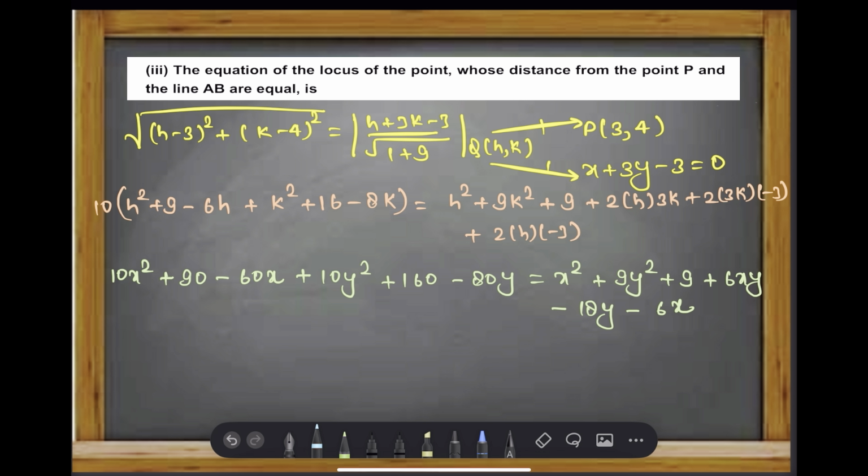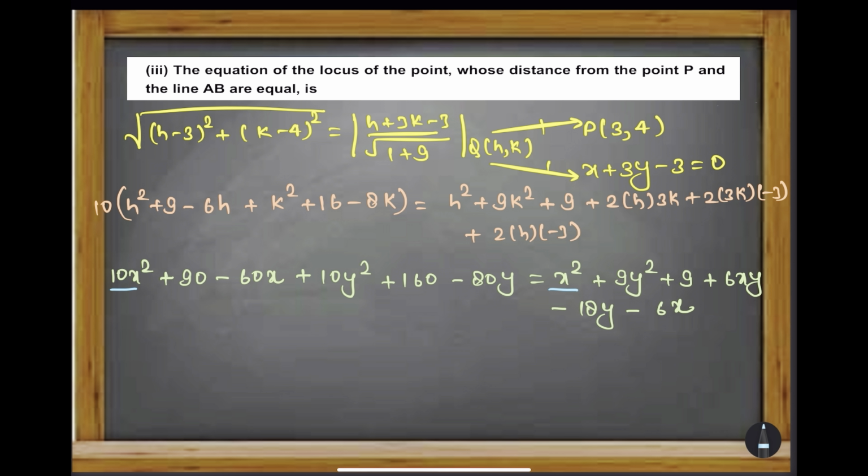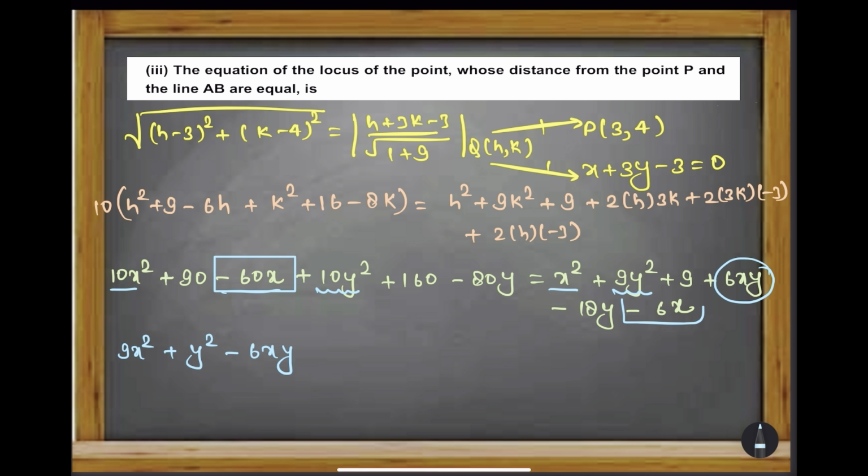Okay, now let's rearrange things, means let's write down everything in standard form. So I'll ask x to come this side. Okay, so 10x square, 1x square gone, so we will be left with 9x square. Now 10y square, here also we will have 9y square, so it will become only y square. Now I will go with xy, so only this component is having xy, so minus 6xy. Now I'll be going with x, so this is minus 60x and then minus 6x will come this side, it will become plus 6x.